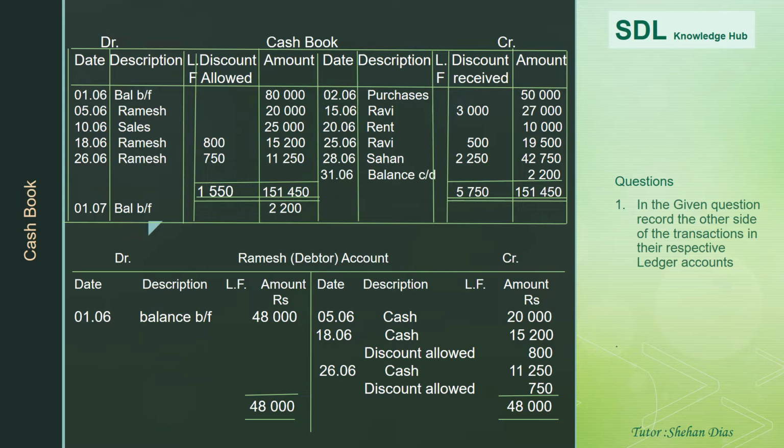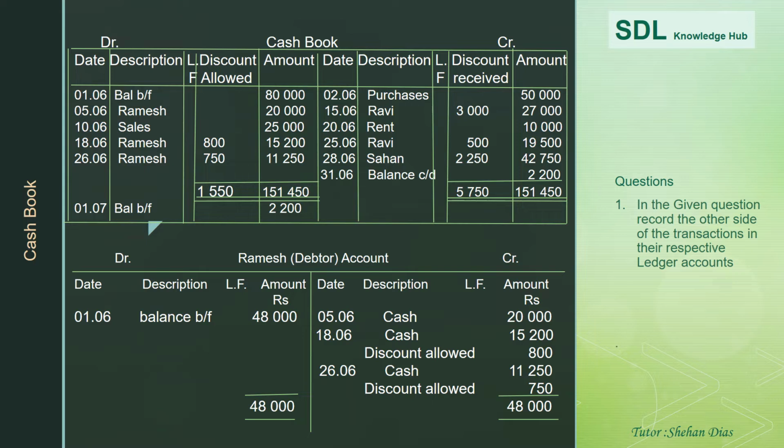Then cash sales of 25,000 on 10th June. So debit the cash book stating sales for 25,000, and open the sales account and credit it for 25,000.